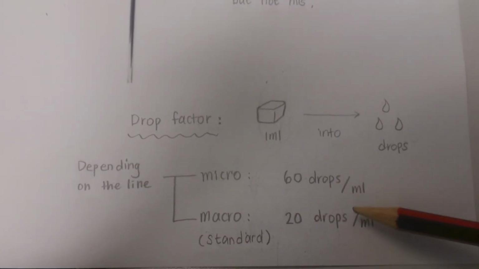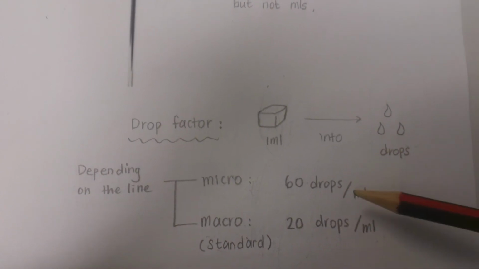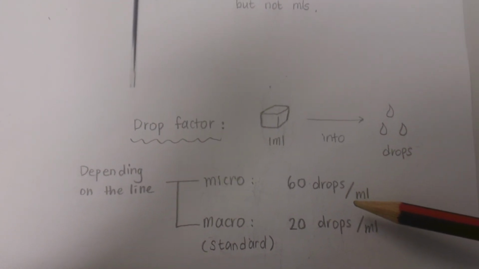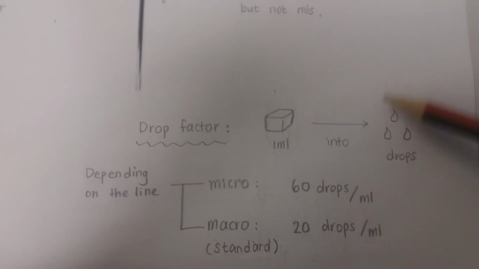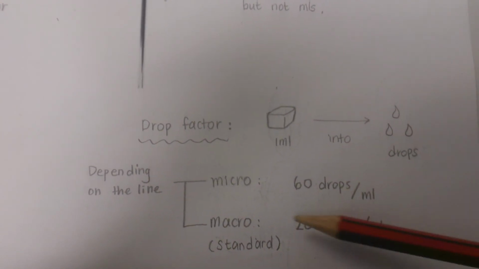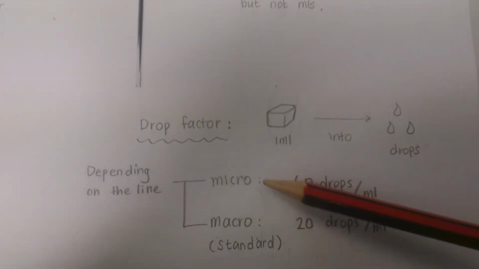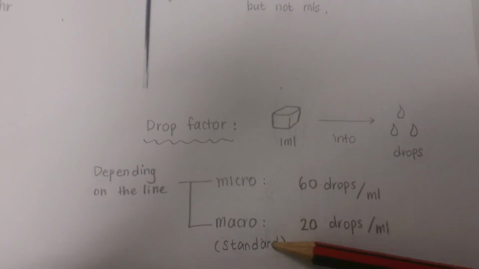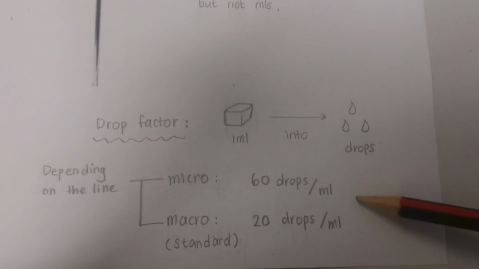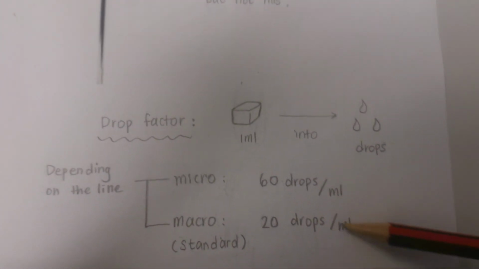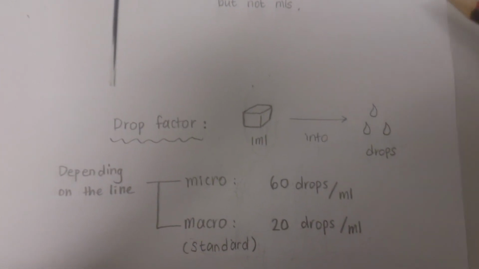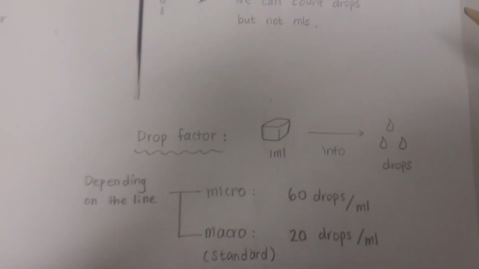In an exam, the question may give you a random drop factor like 15 or 40, depending on the question. But in clinical setting, you usually see these two different lines, and usually we use the standard drip. That's the standard line.